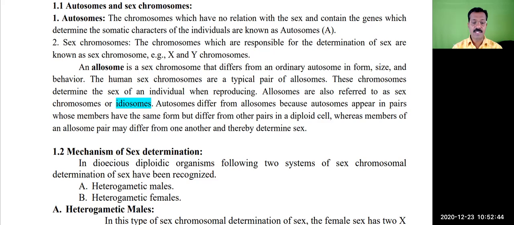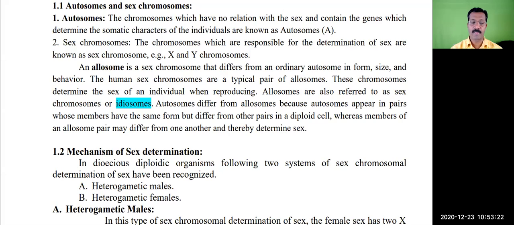These sex chromosomes are also called allosomes because they are different in form and size and also in behavior. In a human being, there is a pair of typical allosomes. We know the X and Y chromosomes are there, and such allosomes or sex chromosomes are called idiosomes.